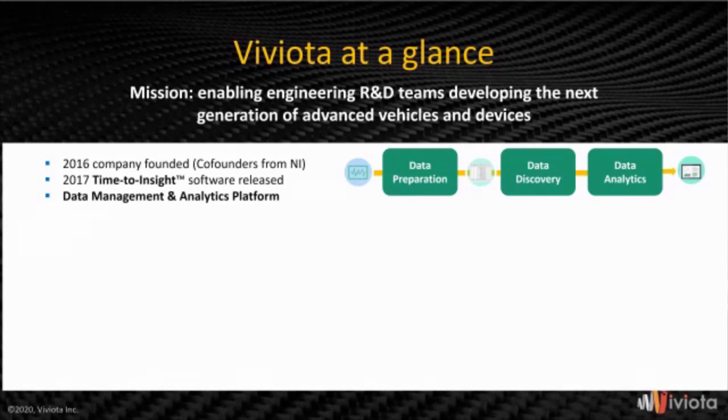Both of our co-founders came directly from NI. They split off with a project and some additional things and decided to form their own company. Our software platform that we sell is called Time to Insight. And that was created around 2017, when we first started deploying it to companies. And like I said, for the most part, it's targeted at data management and analytics.